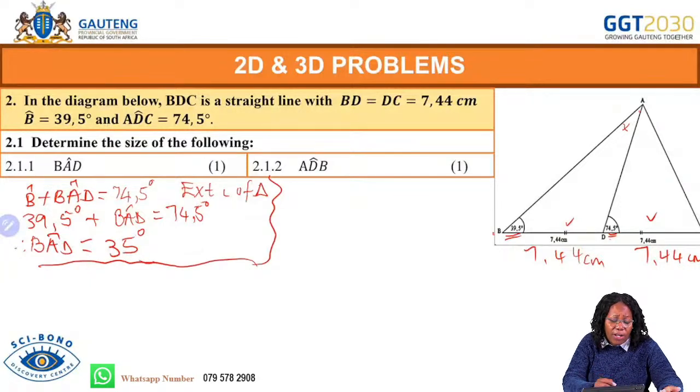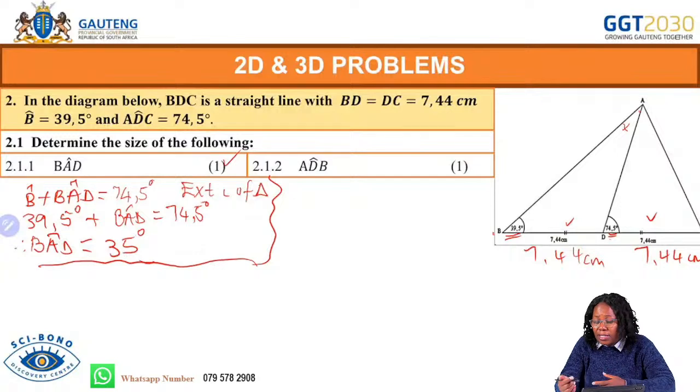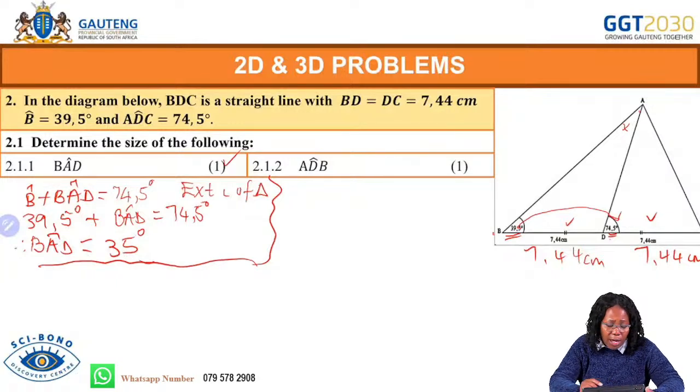It's easy, grade 12, they give it 1 mark because a learner can see that you need only to subtract this 39 from 75 to get the value for A. I'm showing the whole step, but there's a short way of doing it on your calculator. And therefore for BAD, we end up with 35 degrees. So now at 2.1.2, you need angle ADB. That means this angle here, next to that 74,5.